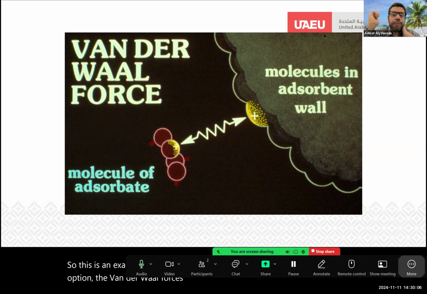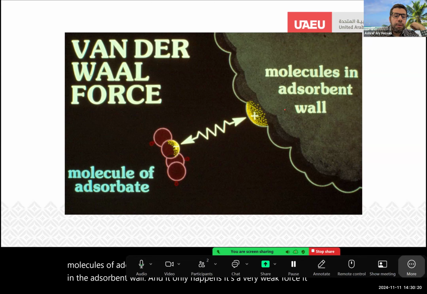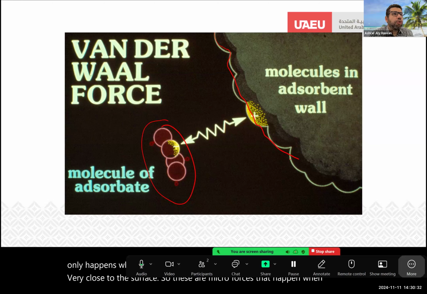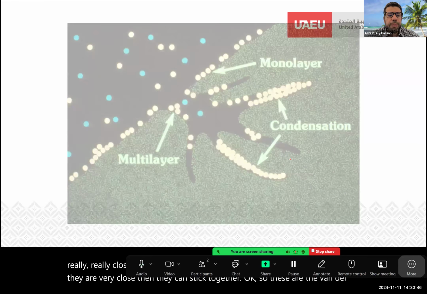The van der Waals forces attract molecules of adsorbate, which is something that's being adsorbed, to the molecules in the adsorbent wall. It's a very weak force. It only happens when the molecules are in the vicinity, very close to the surface. So these are micro forces that happen when you are really, really close, similar to how you touch two surfaces together, and once they are very close, they stick together. Okay? These are what they call van der Waals forces.